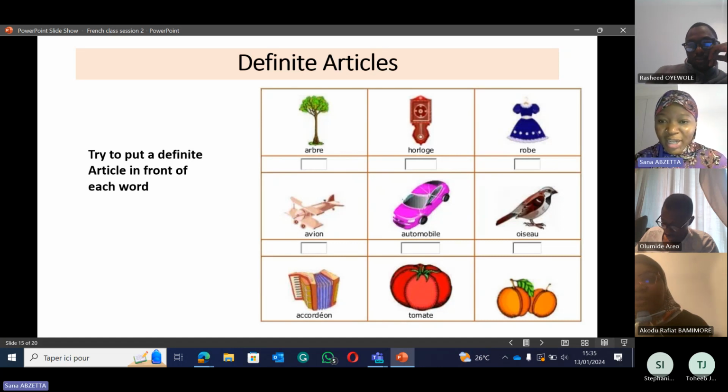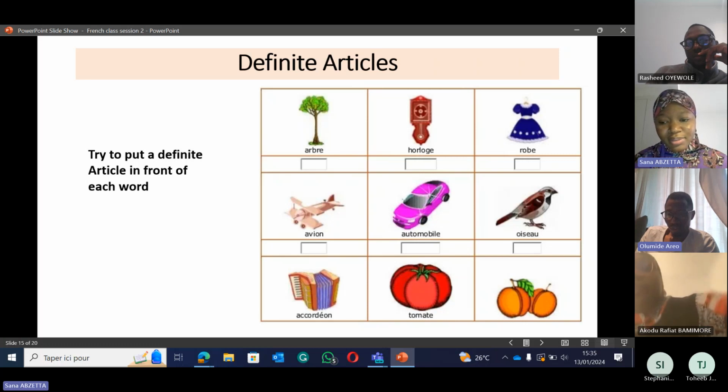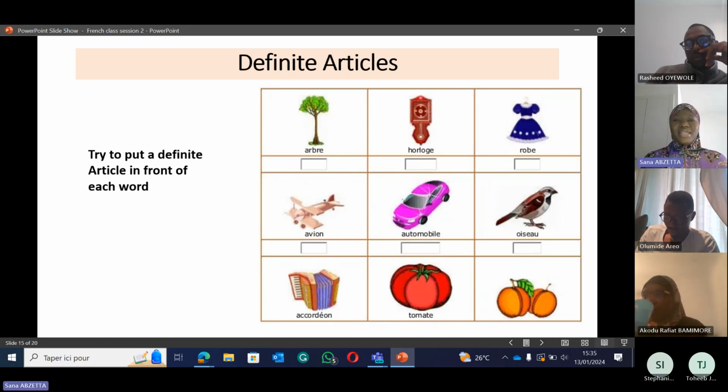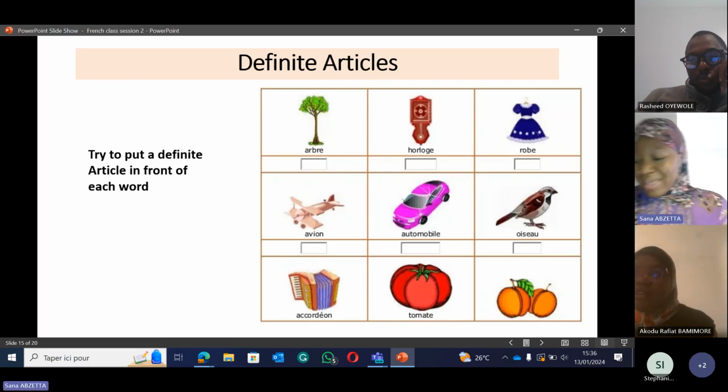Do you think citron is feminine or masculine? Masculine. Okay, what is the right article? Le citron. Le citron. Le citron.